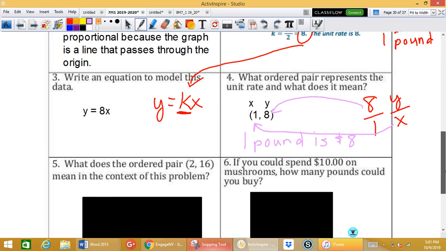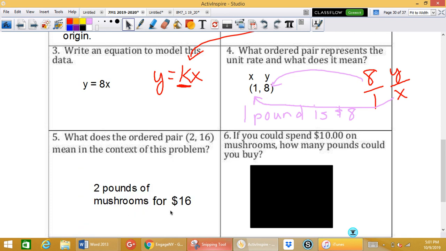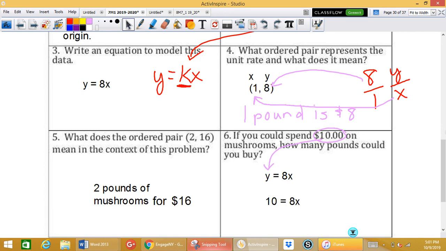What does the ordered pair 2, 16 mean in the context of the problem? 2 pounds of mushrooms for $16. If you could spend $10 on mushrooms, how many pounds could you buy? So I'm going to use the equation, and we know that the dollars is our y, so I'm going to put that in for y.